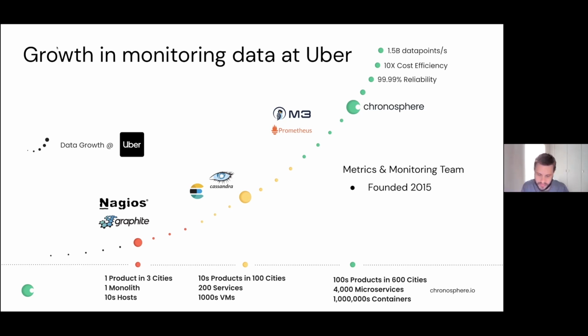That is really what M3 unlocked for us, and the Prometheus data model is what unlocked the ability to standardize and make that metrics experience work across thousands of microservices. By the end of it, we had hundreds of slightly different product lines in more than half a thousand cities, with thousands of microservices and millions of containers.